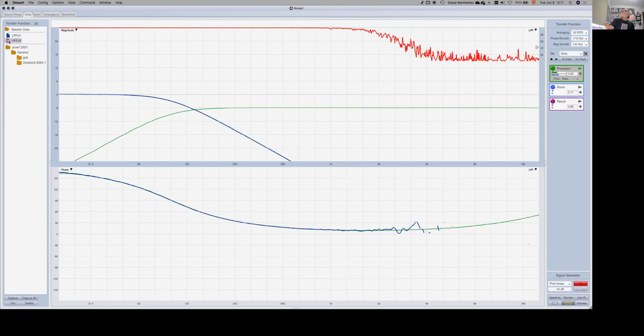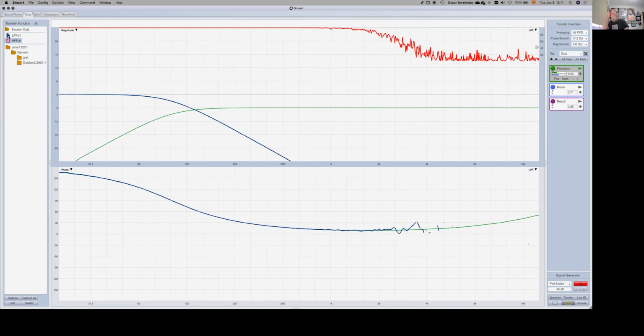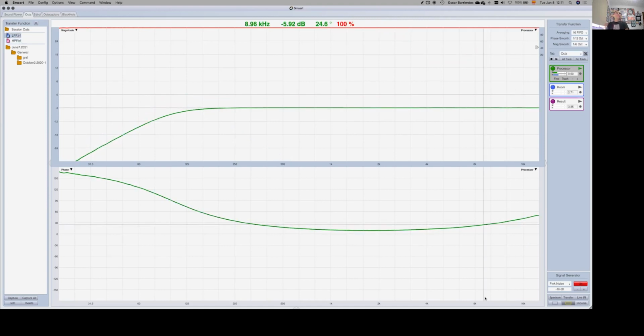If the band with less level is the high frequencies, the crossover will shift higher in frequency. If the band with less level is the lower band, then the crossover will shift in the direction of low frequencies. Okay, so now, please, Oscar, start to do live measurements with the speakers that you have in your house.